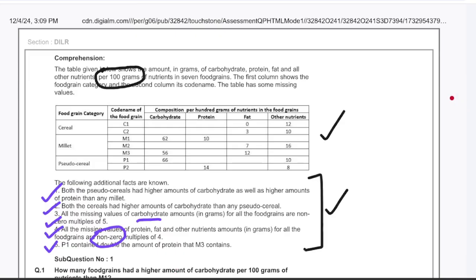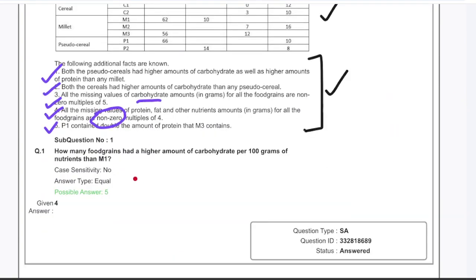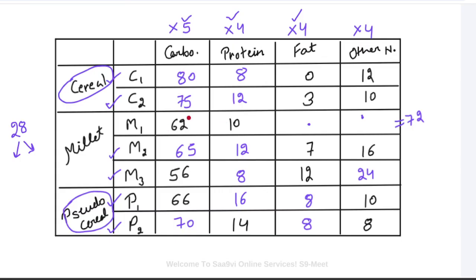The first question says, for how many food grains was there a higher amount of carbohydrate per 100 grams of nutrients than M1? Now M1 had 62. How many are more than that? 1, 2, 3, 4, and 5.